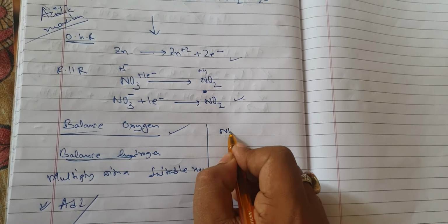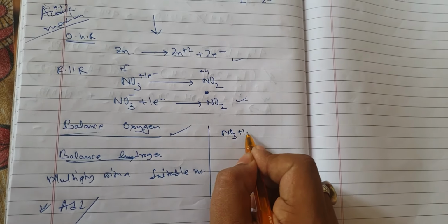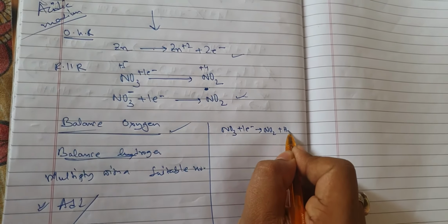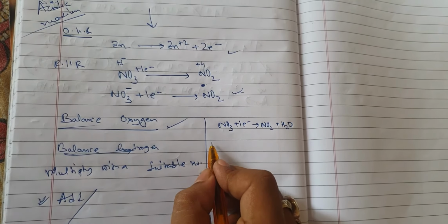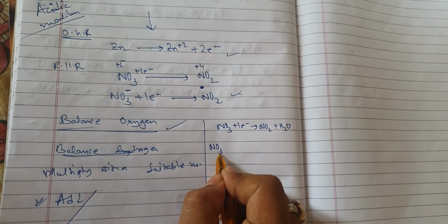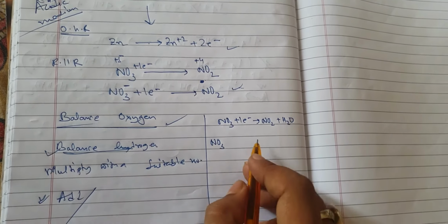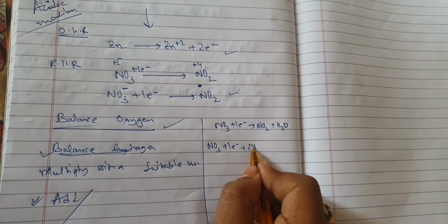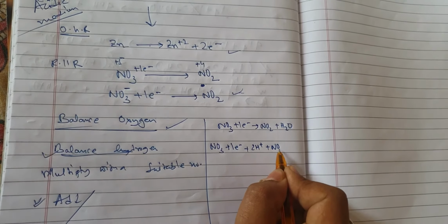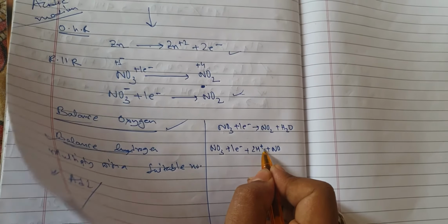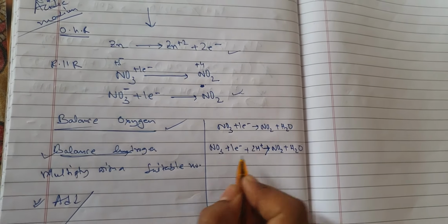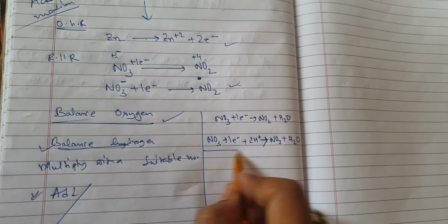So NO3 plus 1 electron gives NO2 plus H2O. Yes or no? Then again NO3, and now balancing of hydrogen, because it is acidic medium, NO3 plus 1 electron plus 2H plus gives NO2 plus H2O. I hope you have understood.